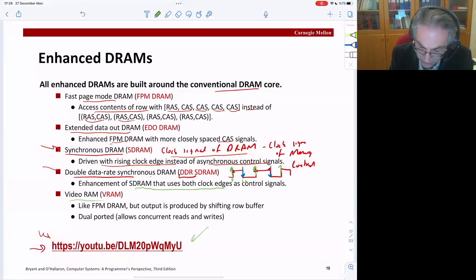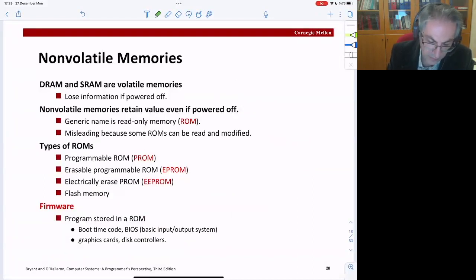I'm not going to go into those here. And then we have, of course, ROMs. These are just read-only memories, which can retain their memory even when the power is off. We have different types of ROMs: programmable ROM, erasable programmable ROM, and then electrically erasable ROM.